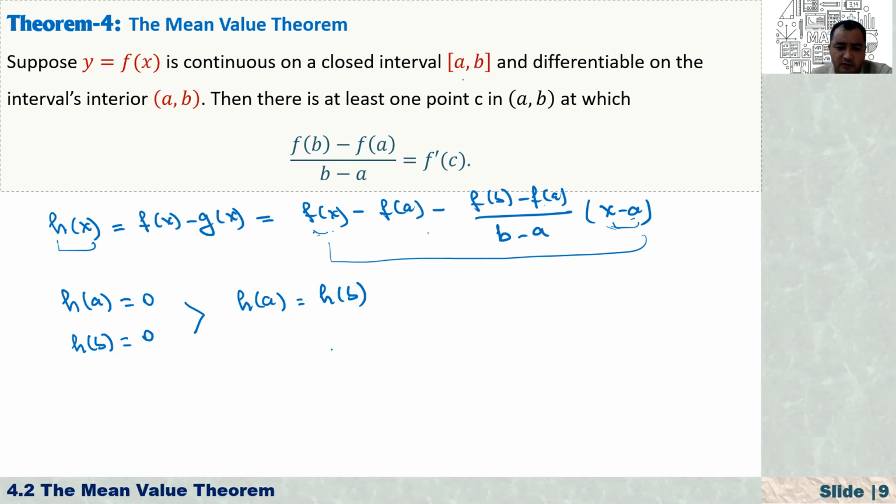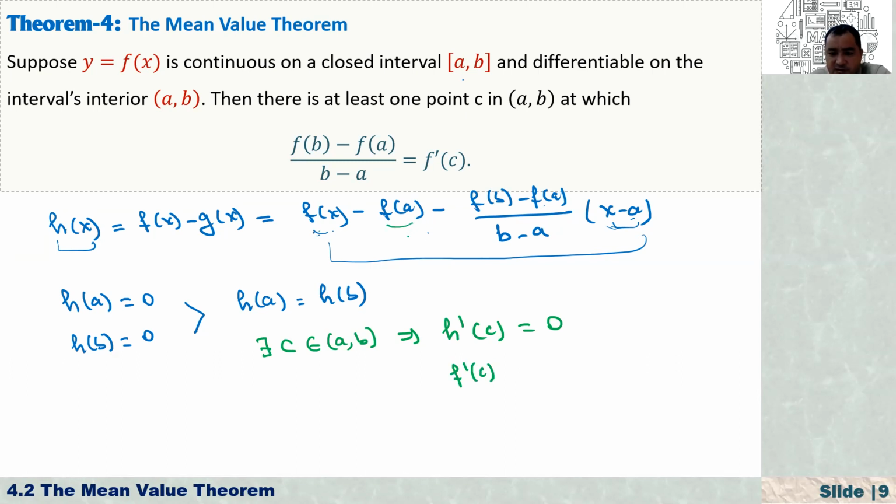Now, if you apply Rolle's theorem, what do we get from it? Then there must exist some c in the interval a, b, where h prime of c is equal to 0. So what is h prime of c? That is equal to f prime of c, and f of a is a constant number.